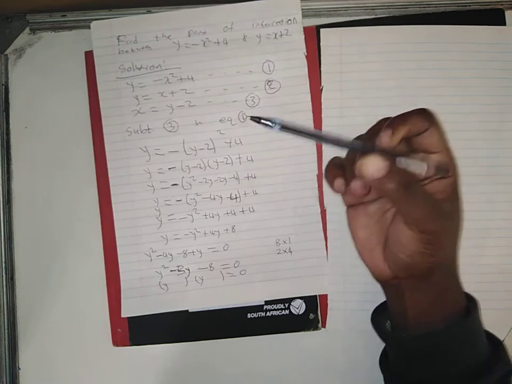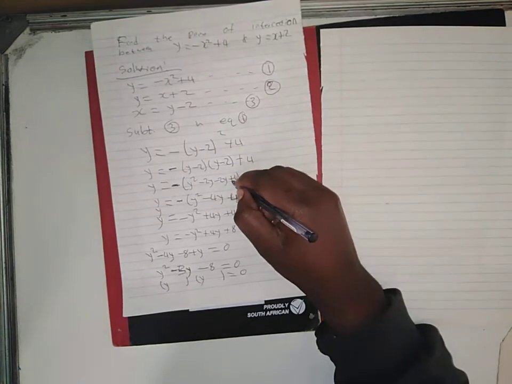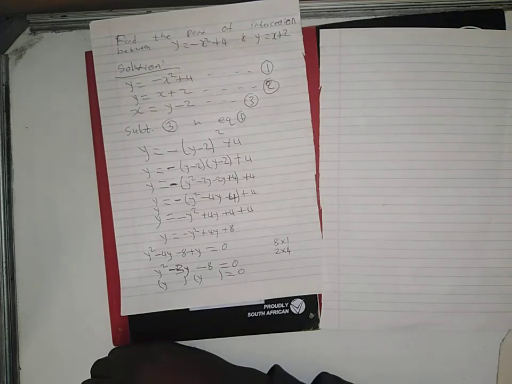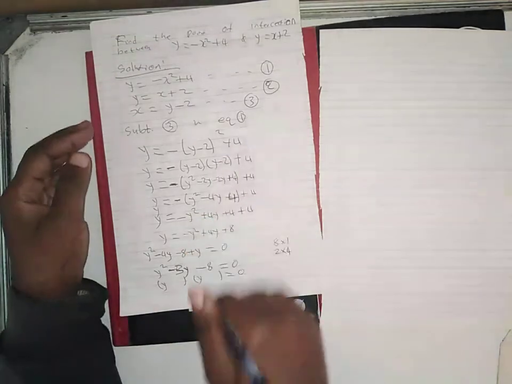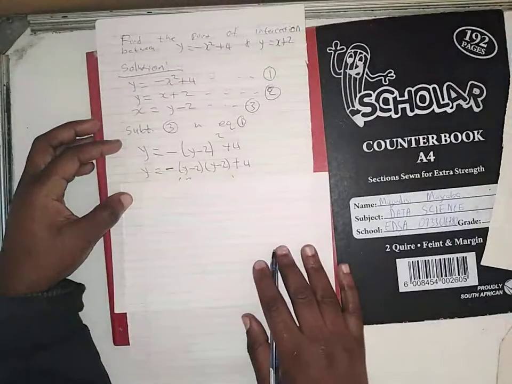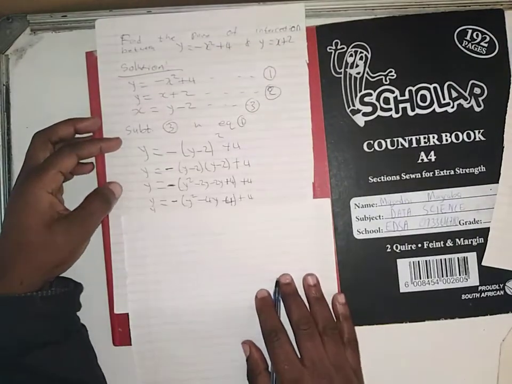Can you see that? We are supposed to have plus 4, and this literally changes everything. We're going to need to fix it everywhere, but let's not do that. Let's just continue from here.